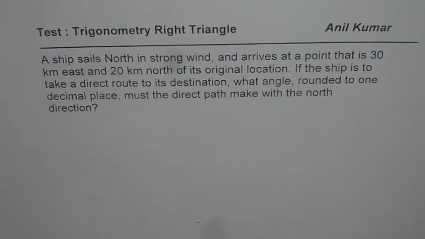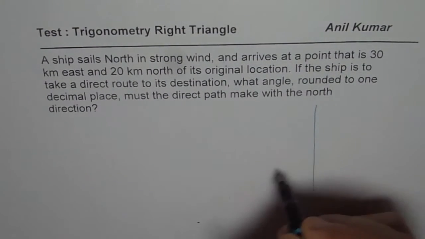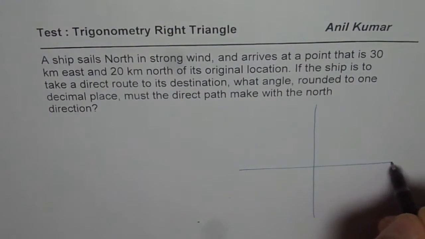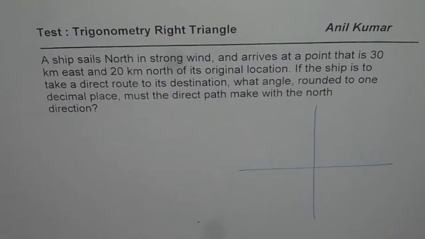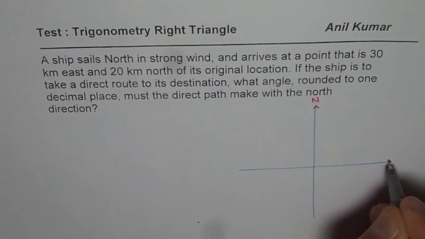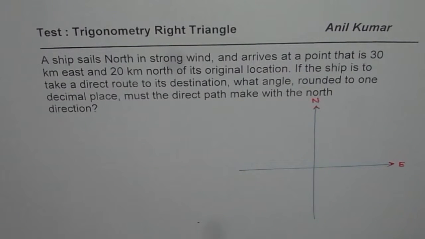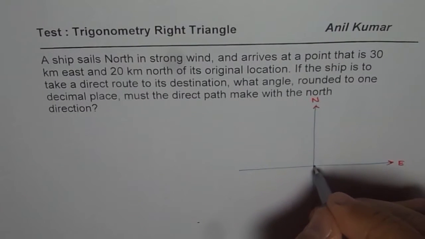Now, for solving such questions, first we need to sketch the diagram and understand the situation. So let me sketch a bigger diagram here. When we say north, we normally take the y-axis as north, and the x-axis, the right side, as east. Let us assume that's the destination.